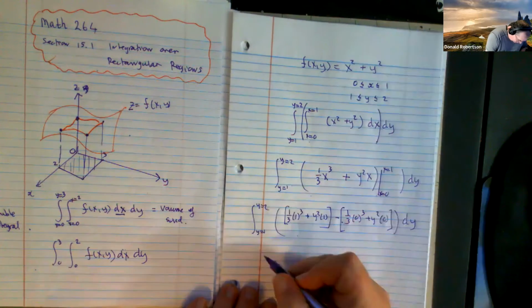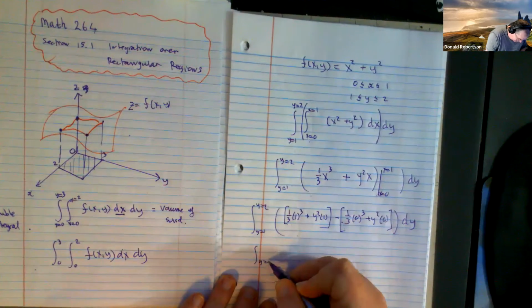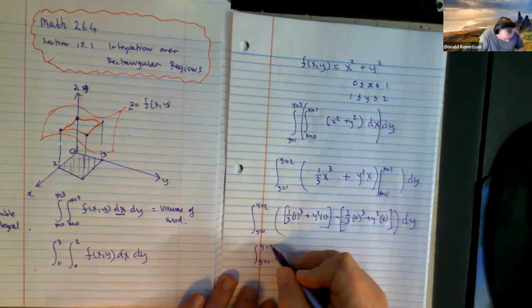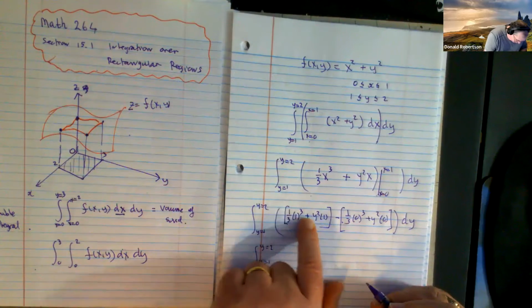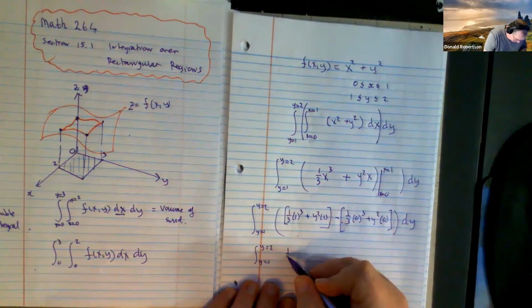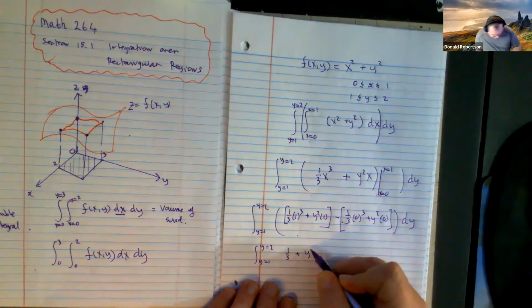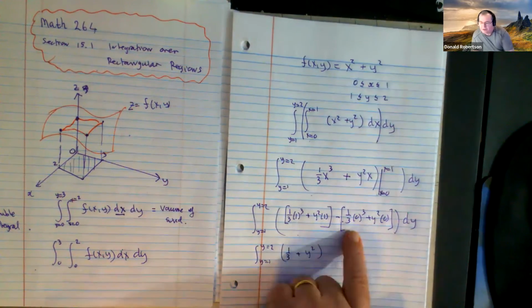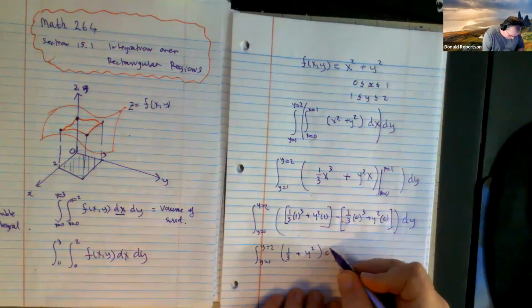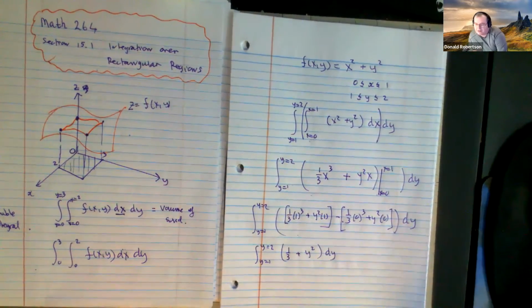Now that tidies up, and you get 1/3 plus y squared. And isn't that just take away nothing, so I don't need to worry about it? dy. Are we good with that line? Okay.